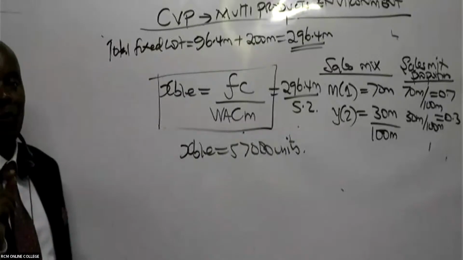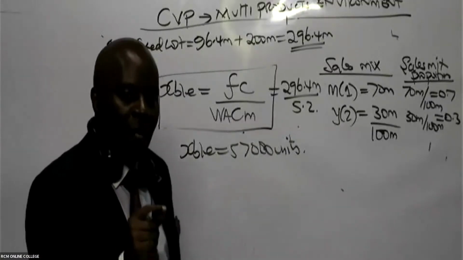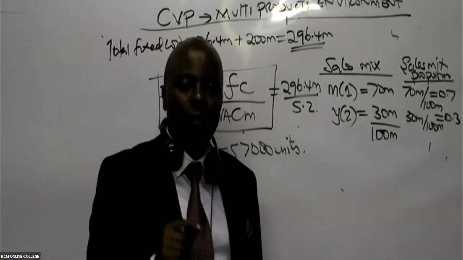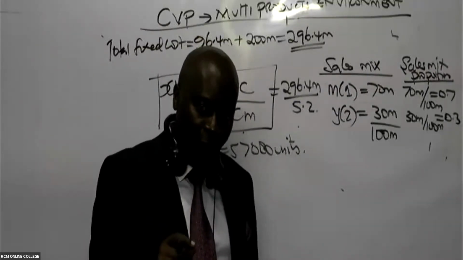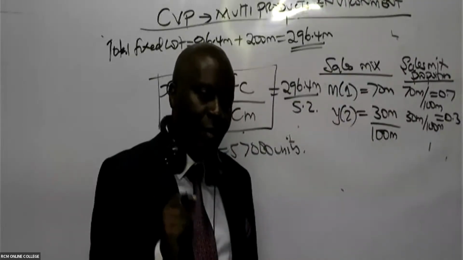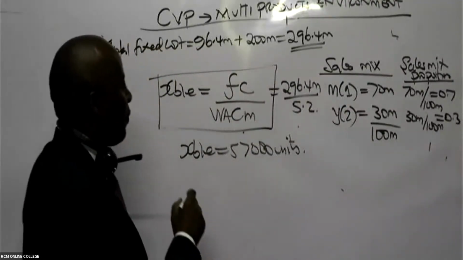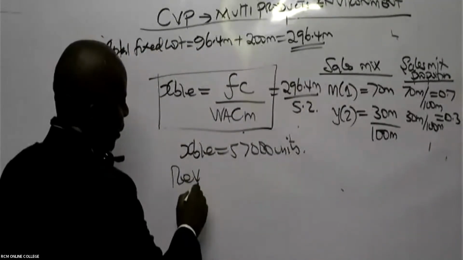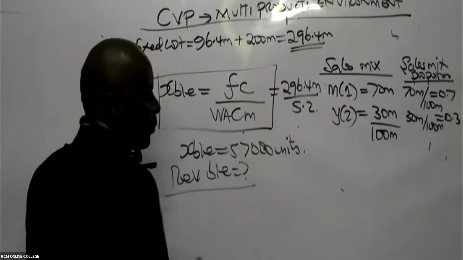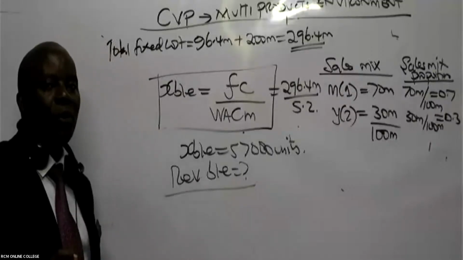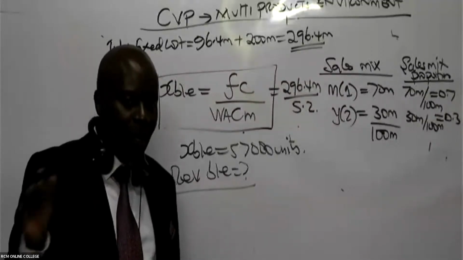At times, after we've gotten the break-even quantity, they would want you to continue and give what we call revenue break-even. If they wanted us to get revenue break-even, what do you think we would do? I'm sure somebody will tell me, Mwalimu, use the concept of CMR.